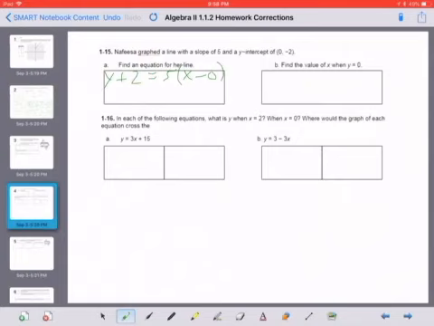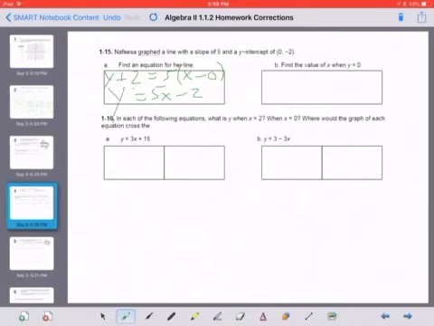Then I get y equals 5x minus 2, because y would equal 2. So y equals 5x minus 2. Make that y a little better.